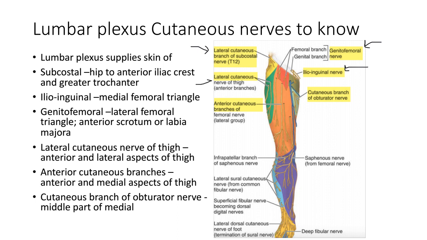The lateral cutaneous nerve of the thigh innervates the anterior and lateral aspects of the thigh. The anterior cutaneous branches of the femoral nerve innervate the anterior and medial aspects of the thigh, and the cutaneous branch of the obturator nerve innervates the middle part of the medial thigh.